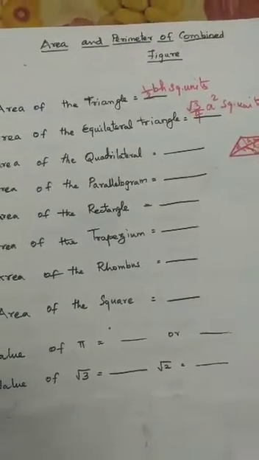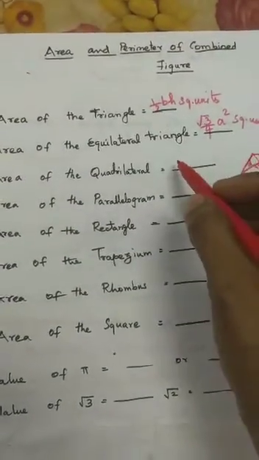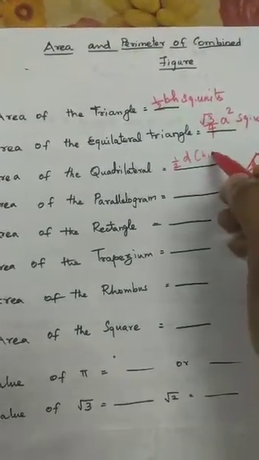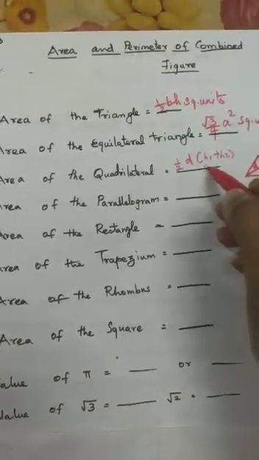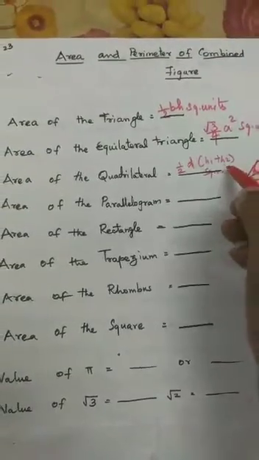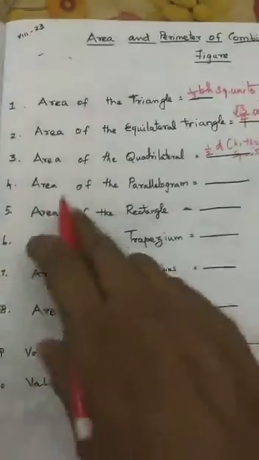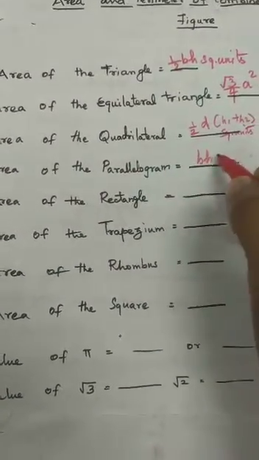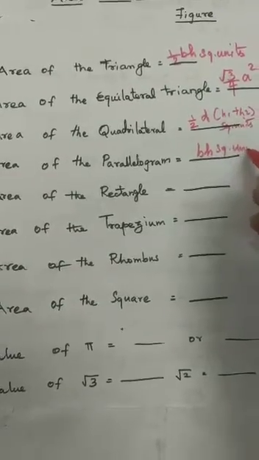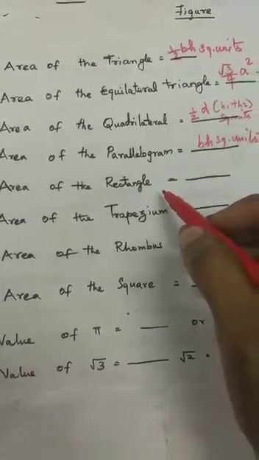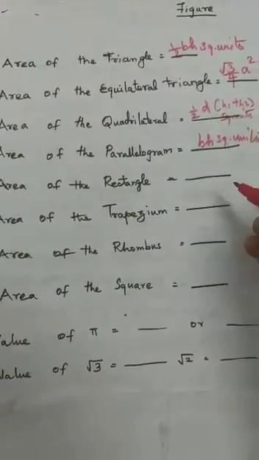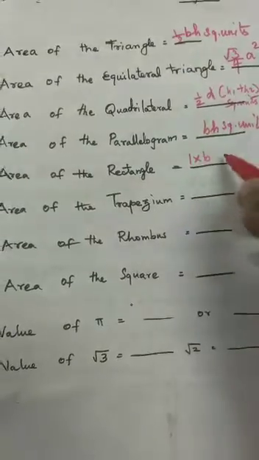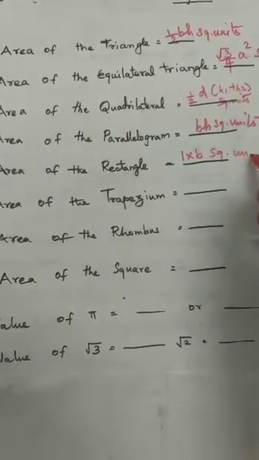Okay, this is D. Then it will be 1 by 2 into D into H1 plus H2 square units. Okay. Then area of a parallelogram is BH square units. Then area of a rectangle is L into B square units.